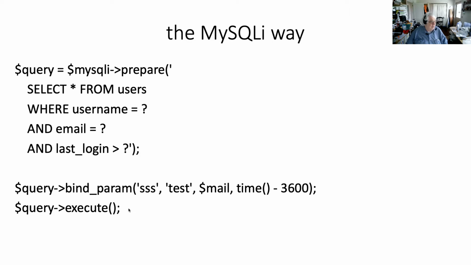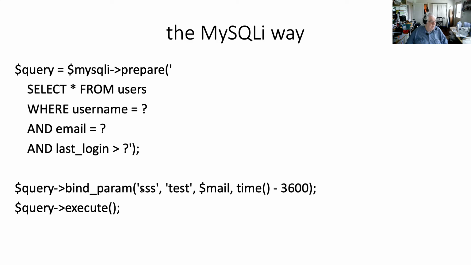And the problem is, if you get 50 lines down in the code and get them in the wrong order, it doesn't care. It's going to take the first thing it's given and think it's username, and the second thing it's going to think is email, and the third thing it thinks it's going to see is last login.